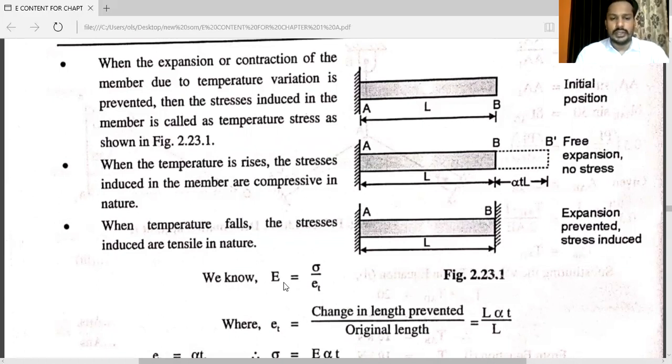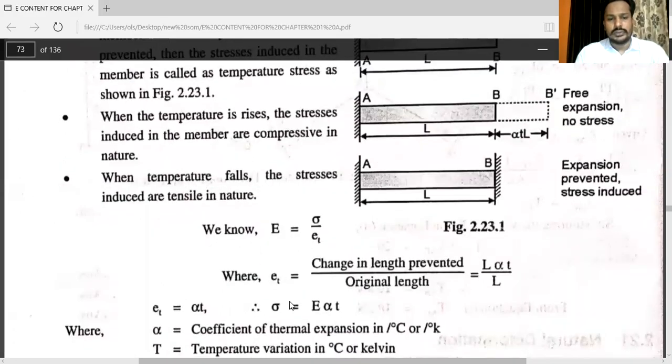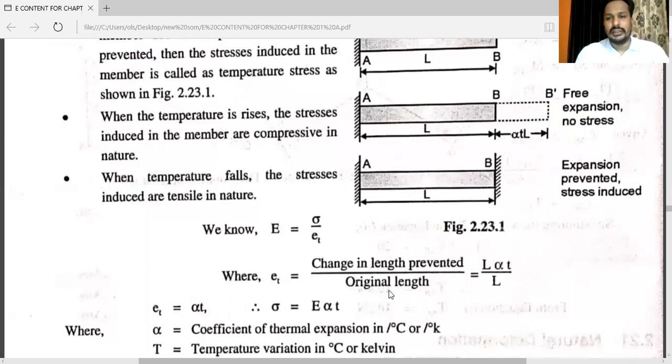We know that Young's modulus is equal to stress upon strain. Here, the strain is temperature strain. So here, E is equal to stress upon the change in length prevented upon original length.